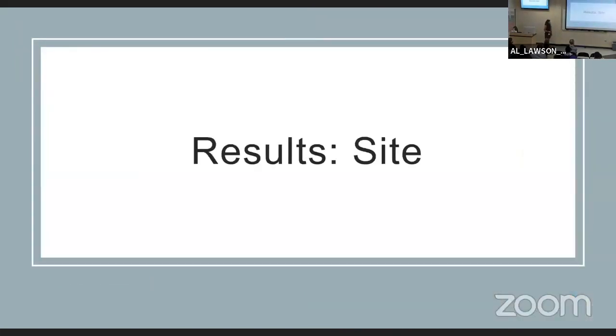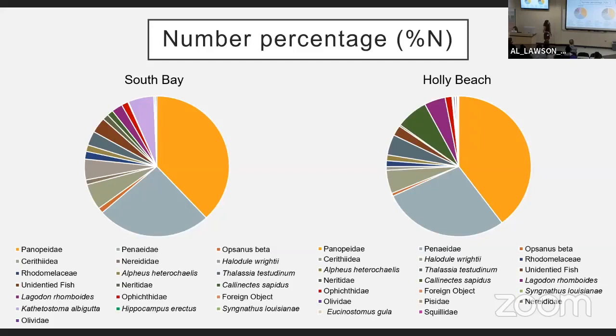So looking at the sites, this is going to be the number percentage. So it's basically just the abundance of what's found within the stomach contents themselves. So I have South Bay and Holly Beach comparing. This is going to be all 4 quarters together. So you're going to see Panopidae, which is mud crabs, followed by Penaeidae or shrimp, in South Bay being the top 2 most abundant.